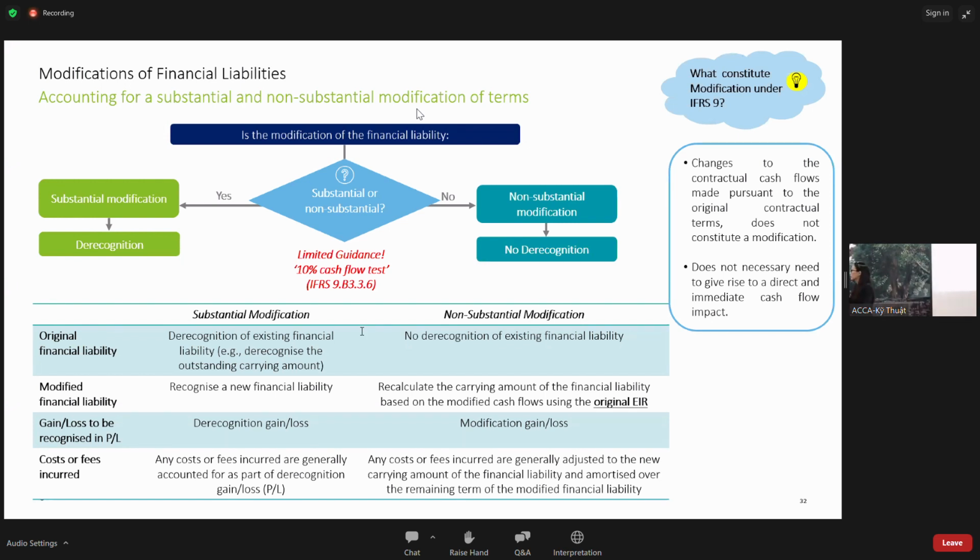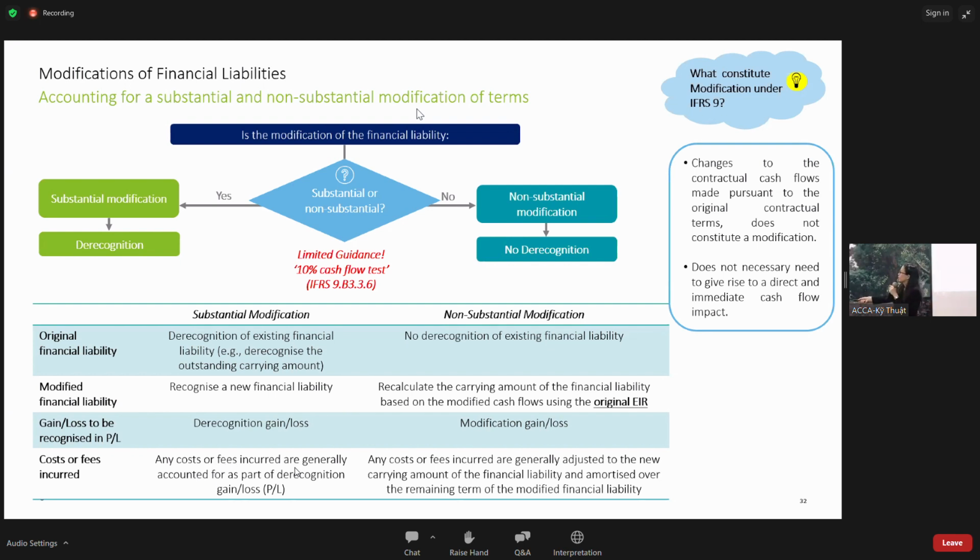So this is the accounting implication on what I need to do. On the original financial liability, I will de-recognize based on the carrying amount at that point in time. Then for the modified financial liability, which is the new terms, because I modify it, I will recognize it as though it is a new financial liability instrument.